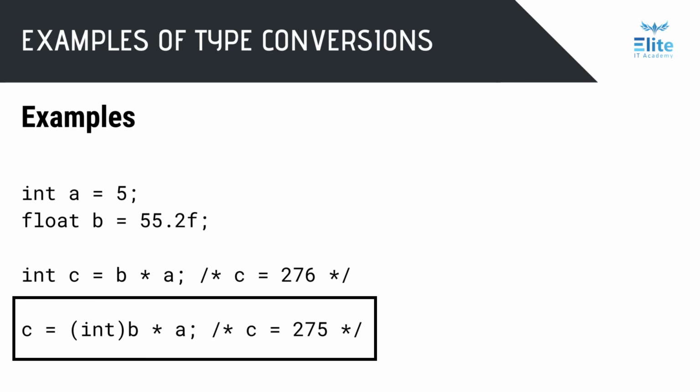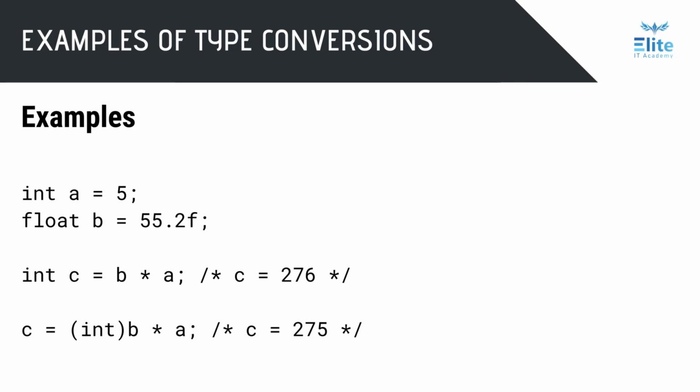This is multiplied by the integer, which results in an int value 275, which is stored in the variable c. As you can see in both cases, variable c has a different value because of the different types of conversion that happen in the expression. The first conversion is implicit, the second is explicit.